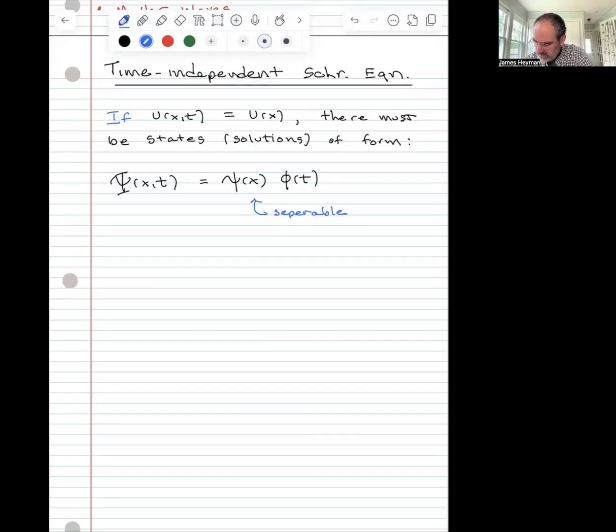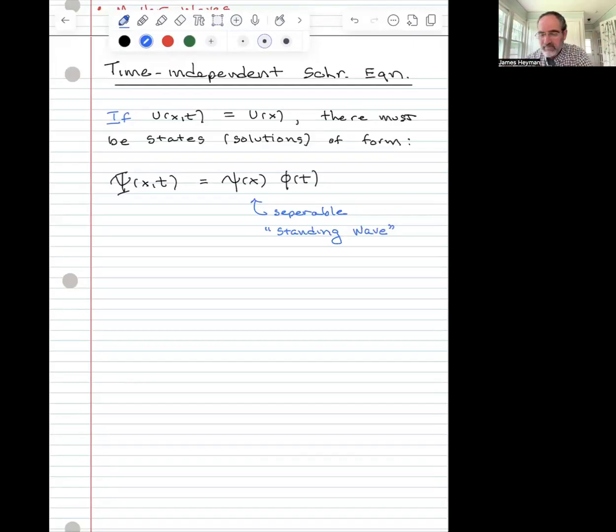But we can think of these as standing wave solutions. Because the standing wave solutions, for example, of a wave on a string or sound waves in sound tubes, had exactly this property, that they were described by an envelope that doesn't move, that doesn't change in time, times another function that just oscillates in time.